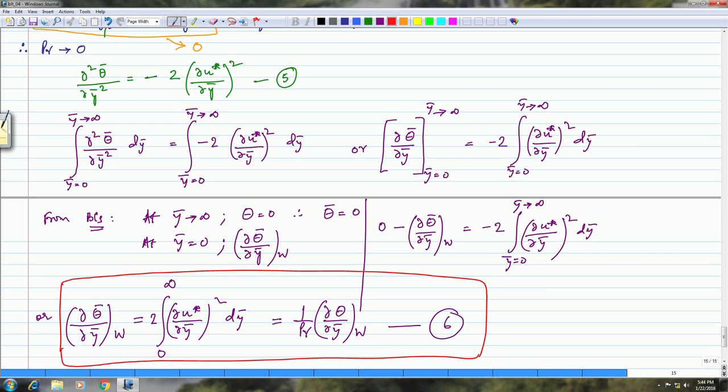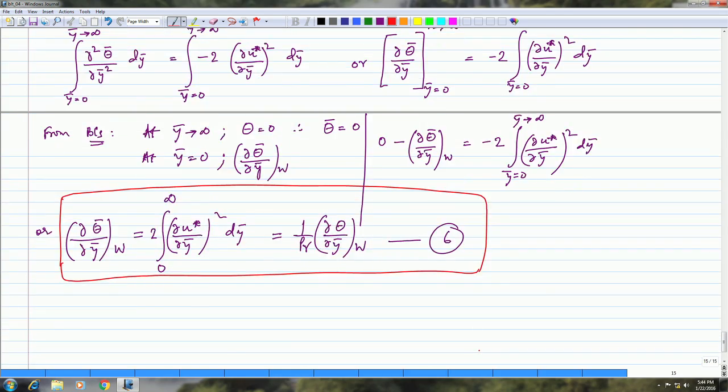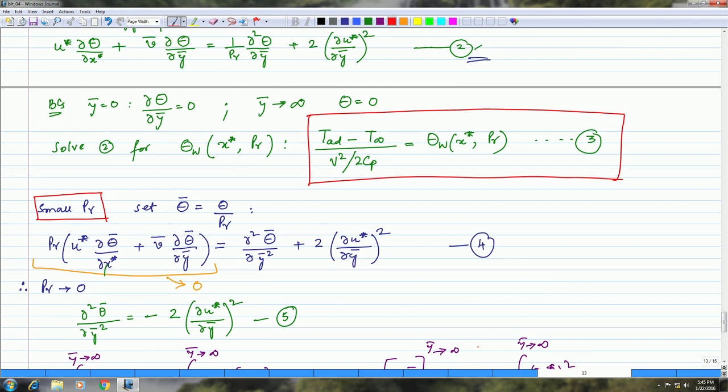We will discuss this a little bit when we come back in the next module, what this even means. For very small Prandtl numbers, and having taken into account the dissipation effects, as we just said, the wall temperature, or the thermal boundary layer thickness, will depend on both Reynolds number and Prandtl number.